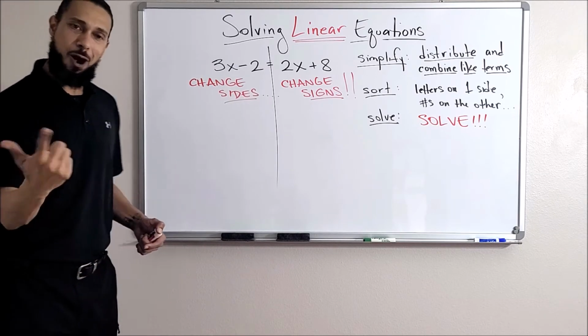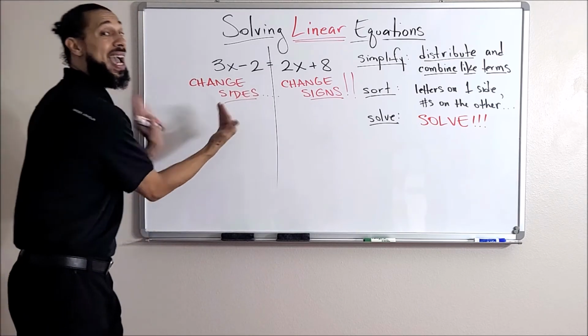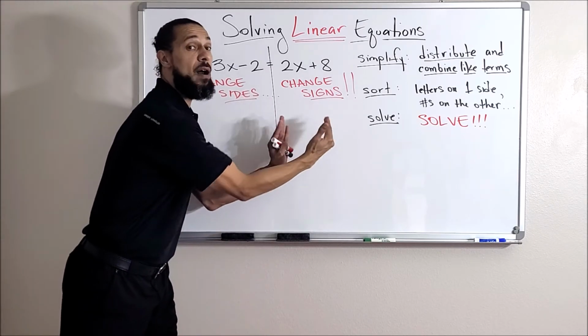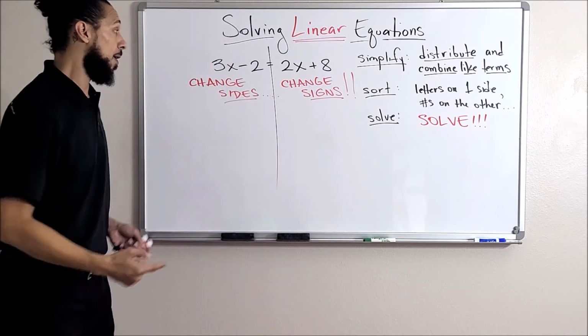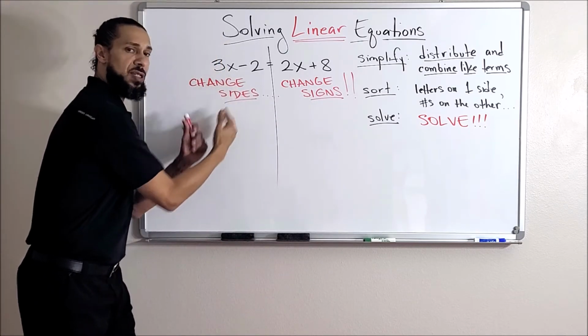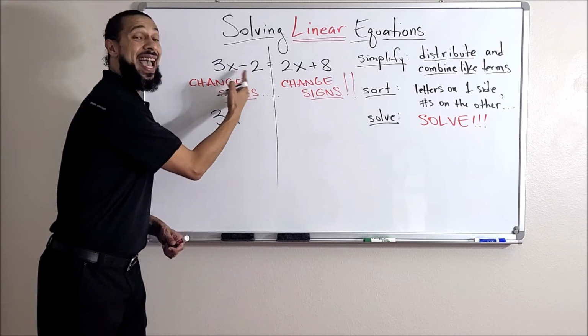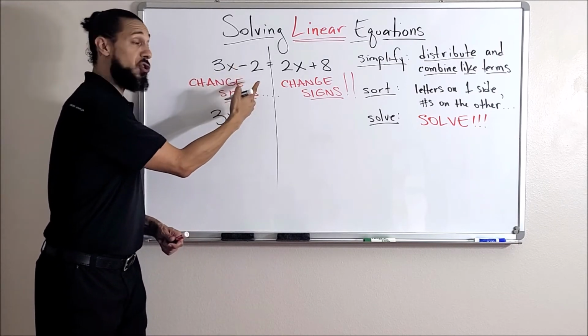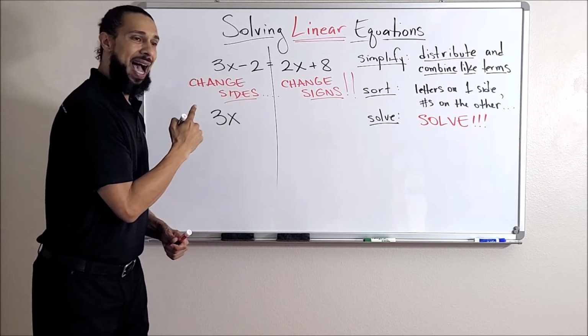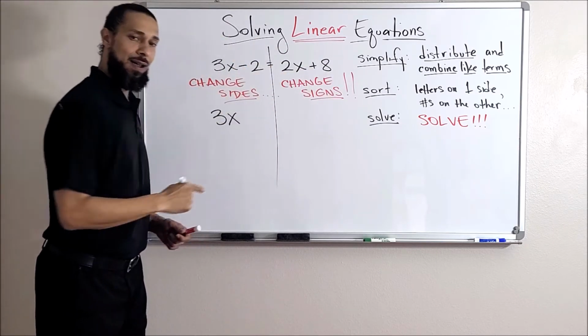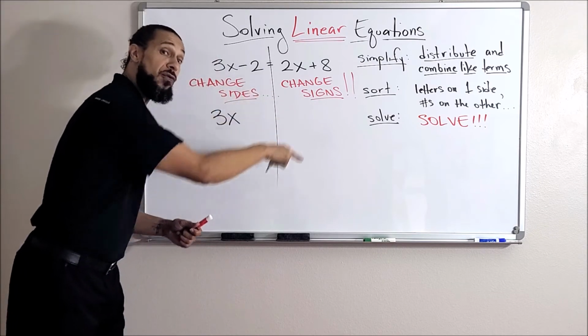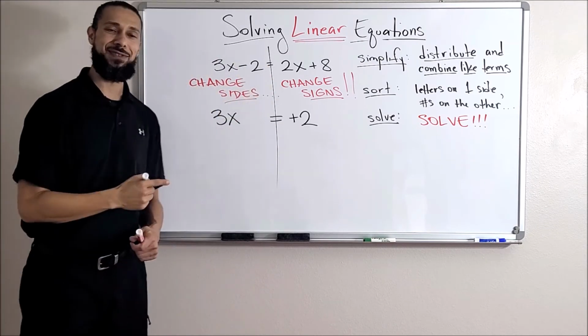All right, let's start rewriting. Now, I'm going to put my x's on the left, and I'm going to put my numbers without x's on the right, okay? This 3x is on the proper side already. So it stays. This negative 2, now the negative belongs to the 2. This negative 2 is on the wrong side. I need my numbers without x's on that side. So I'm going to take that negative 2 and move it over as positive 2.